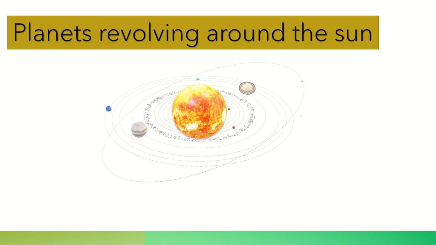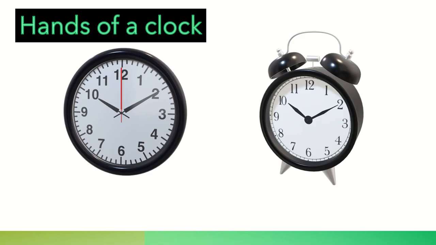Another example is planets revolving around the sun, or satellites moving around the planets. All these are examples of uniform circular motion. Again, the characteristics are that the object moves with constant speed and varying velocity, and the motion is accelerated motion. Another example is the hands of a clock, second hand, minute hand, hour hand.